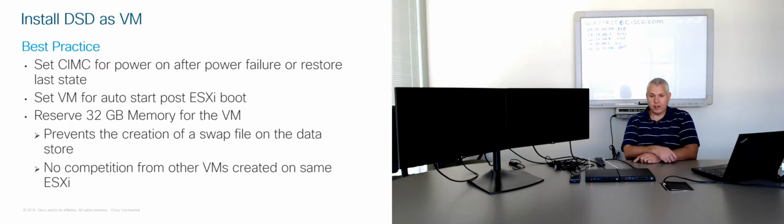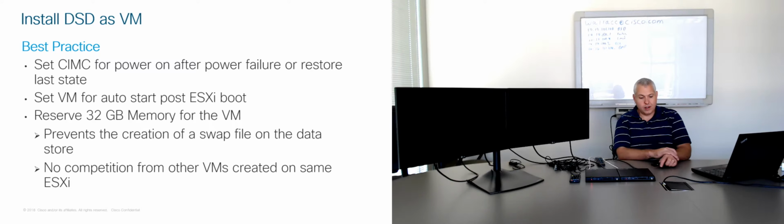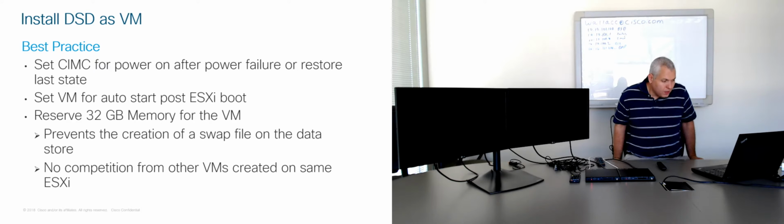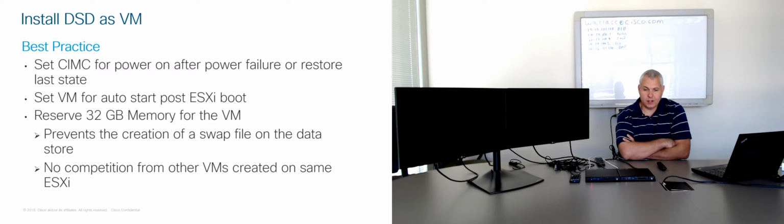Another good practice here is to reserve 32 gigs of memory for the VM. And this is because VMware will allow you to over-provision VMs without regard to the physical memory that's in the server here.